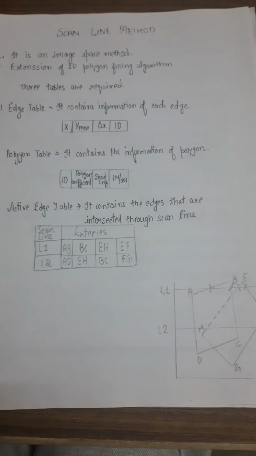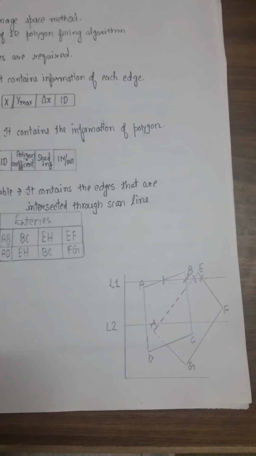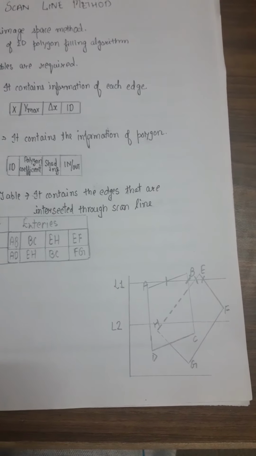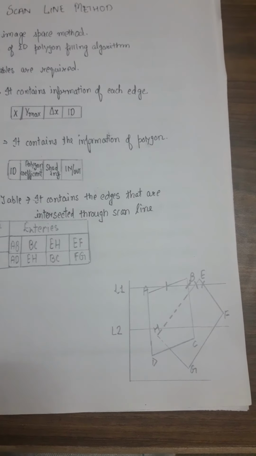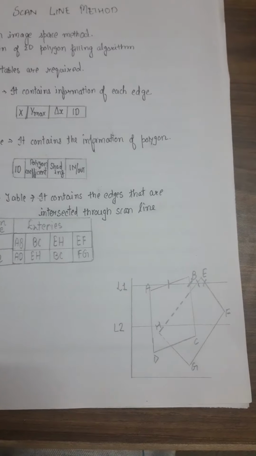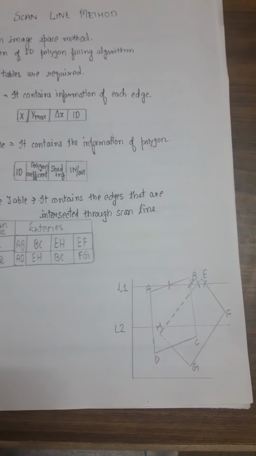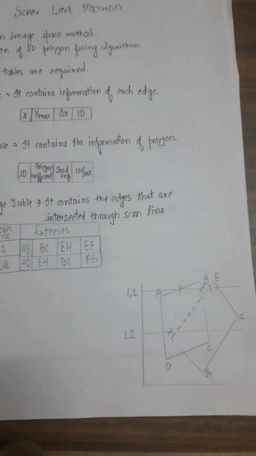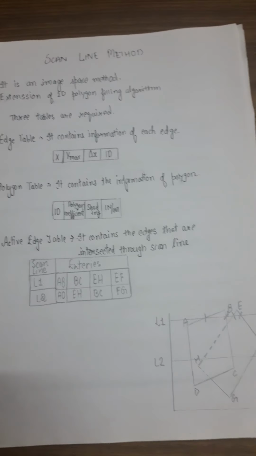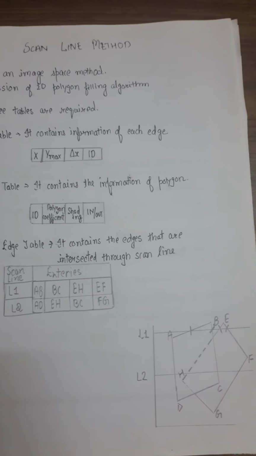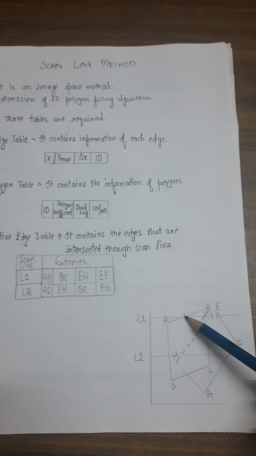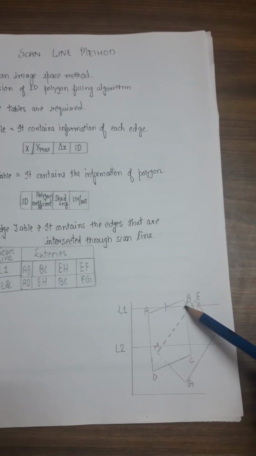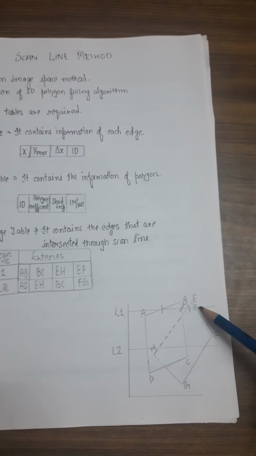So let's understand it through an example. Suppose this is the figure. L1 and L2 are two scan lines which are passing through two polygons, right? Firstly we will see, when L1 passes through the polygon, which edges it is intersecting. You can see in the diagram that L1 is intersecting AB, similarly BC, similarly EH and EF.